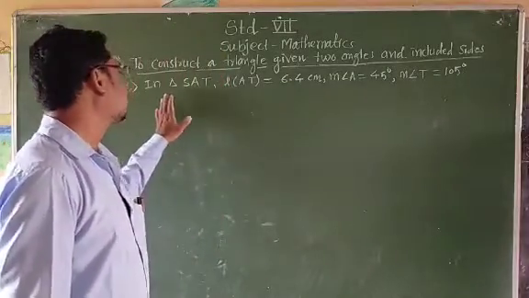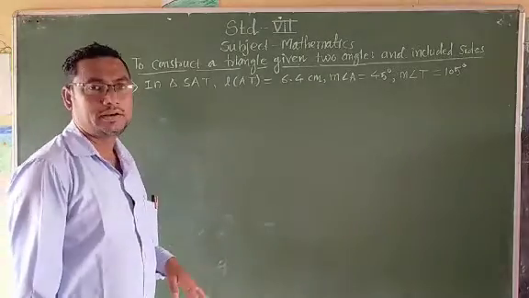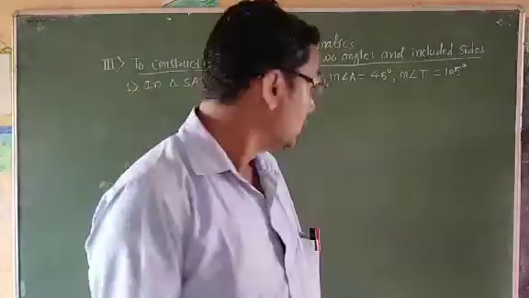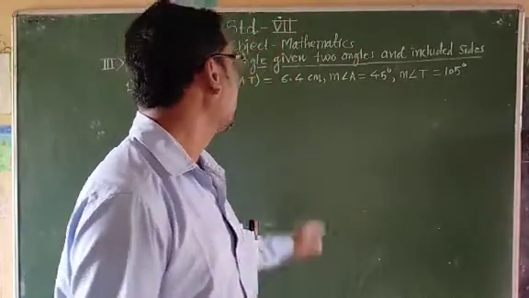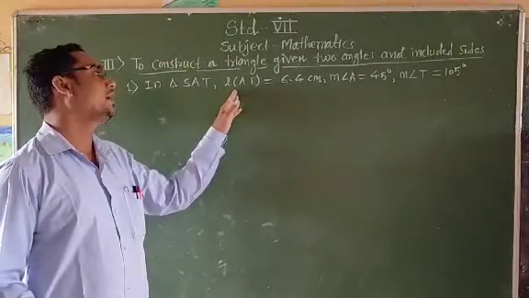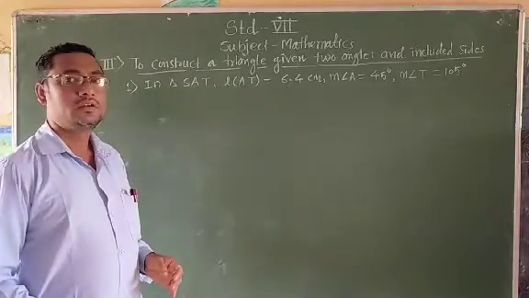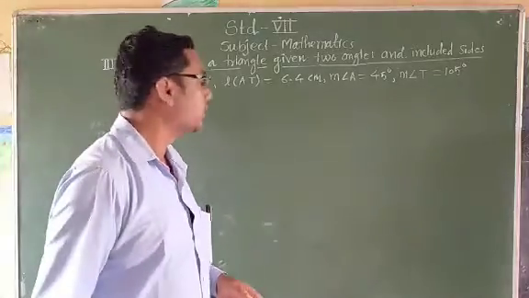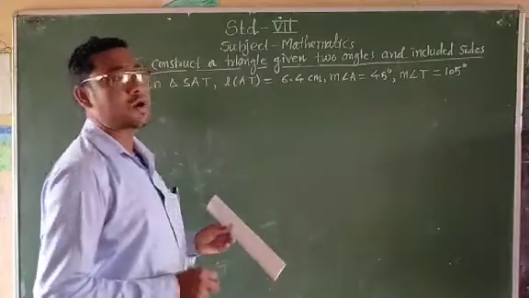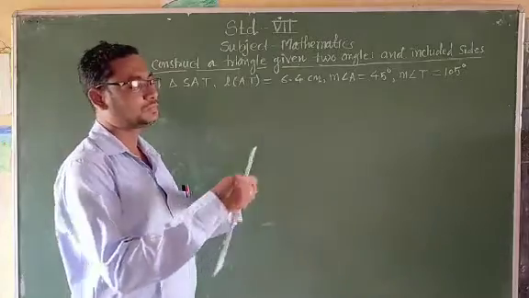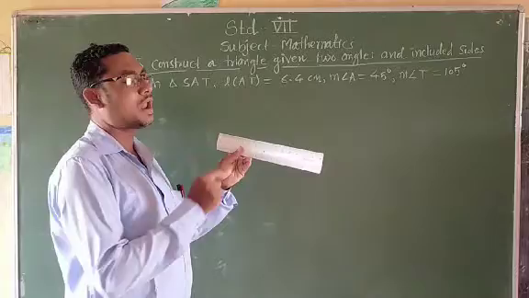Now we have to construct this triangle SAT. So while constructing a triangle, first of all we have to draw the segment AT of length 6.4 centimeter. Look here. After 6, count the 4 lines.